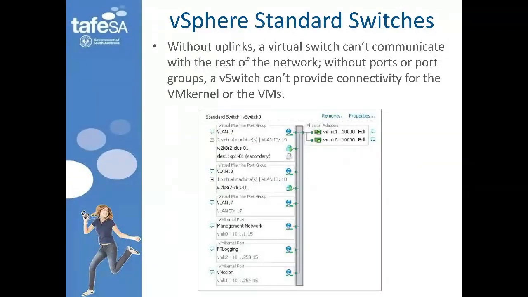So this is an older picture, but if you look at this diagram, we've got this virtual switch 0, and we've got port groups, VLAN 19, 18, 17, and these ones. But you notice that these switch ports don't have IP addresses.